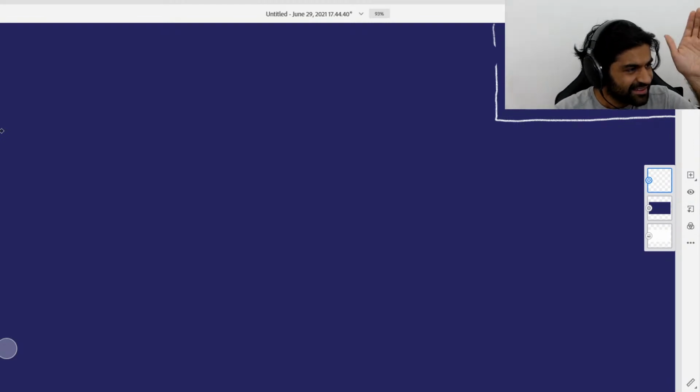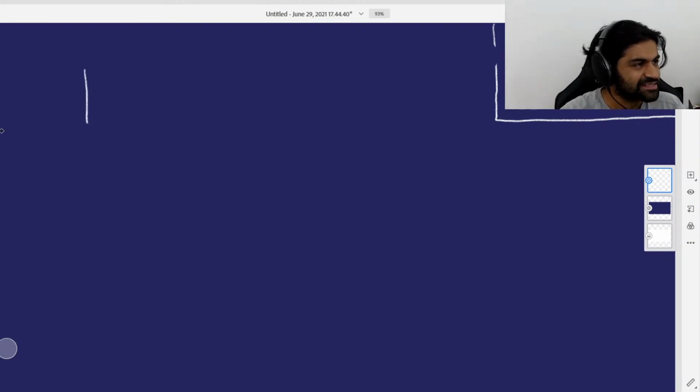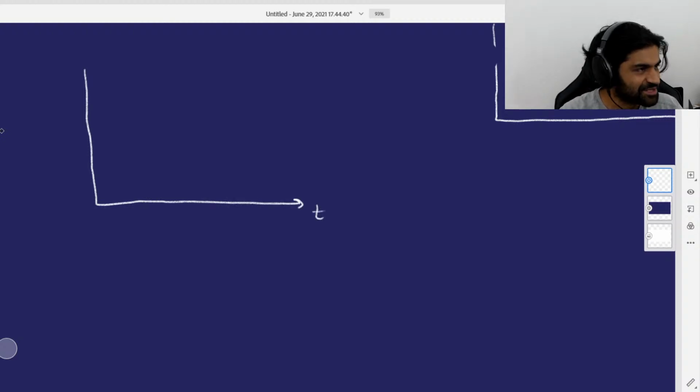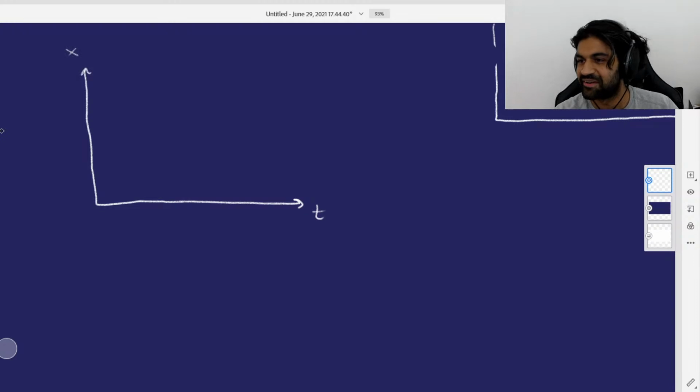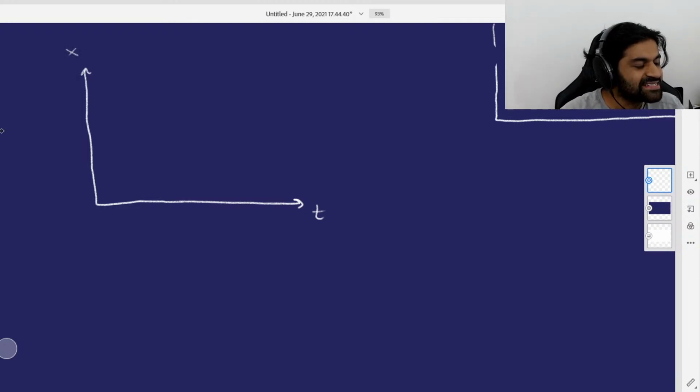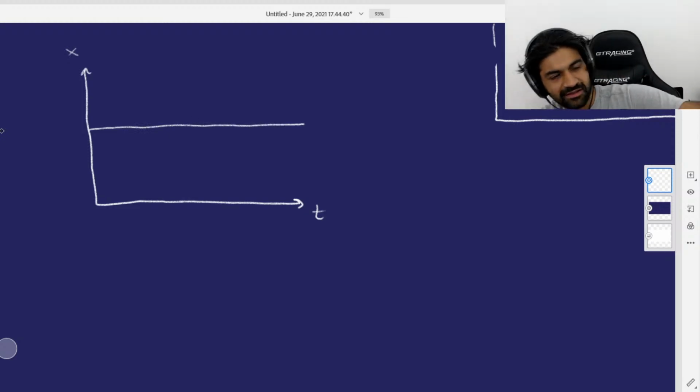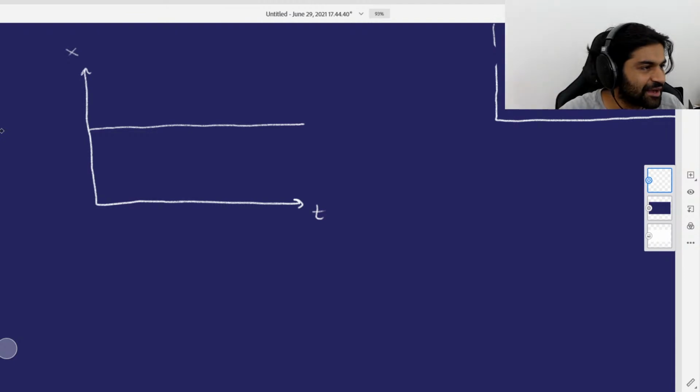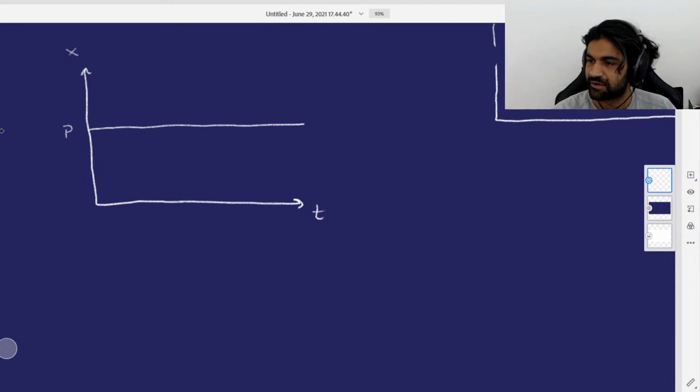So I'm going to draw my diagrams like this. So this is going to be my time. I'm so sorry. And this is going to be my position. Okay. So now my stationary object is just going to be represented by this flat line. In this situation, okay? Let's say the stationary object is at position P, okay?